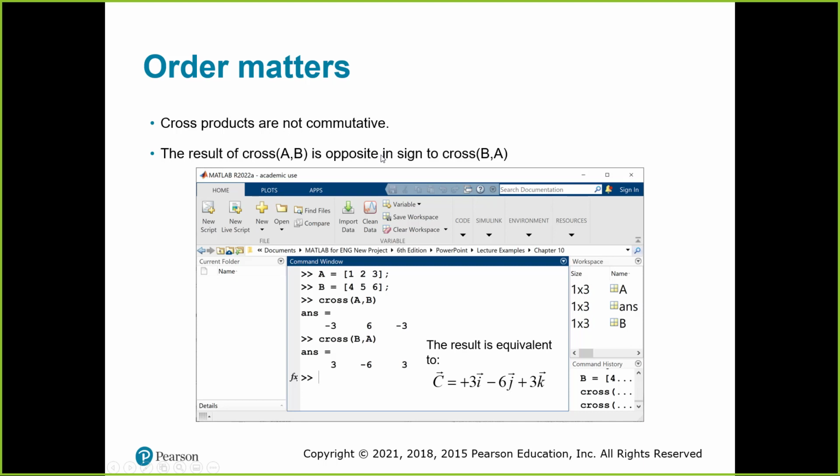So A cross B is not the same as B cross A, because you get a different sign. So I guess that would be the anti-orthogonal. Oh, that's not a good word.